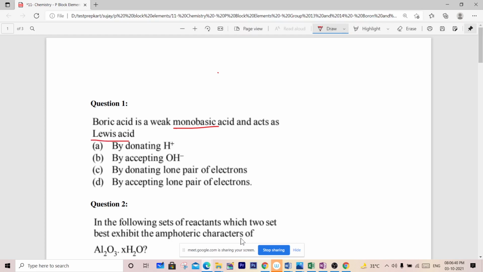Lewis acid means which accepts an electron pair. I have shown you the mechanism in which it is accepting an electron pair from the water. Yes or no? It accepts an electron pair from water.